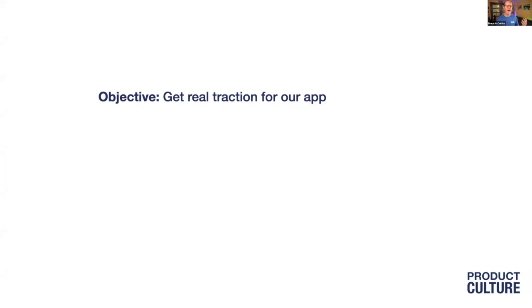So I want to pair this objective with at least one, hopefully a few KRs. A key result might be that we're going to increase the daily active users from some small number we have today to some more ambitious high number that helps us feel like, okay, that sounds like traction. If we can hit Y, we've got some traction.